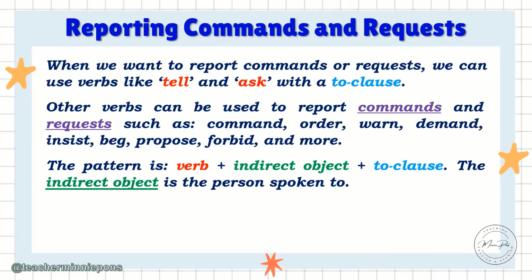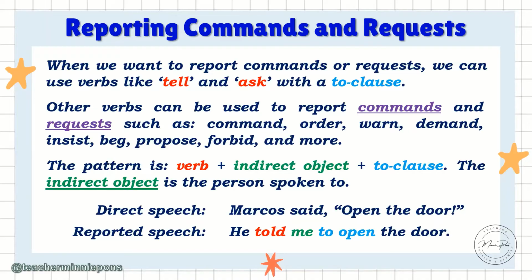The pattern for reported commands is verb plus indirect object plus a to clause. The indirect object is the person spoken to. Examples. Direct speech, Marcos said, "Open the door." Reported speech, he told me to open the door.